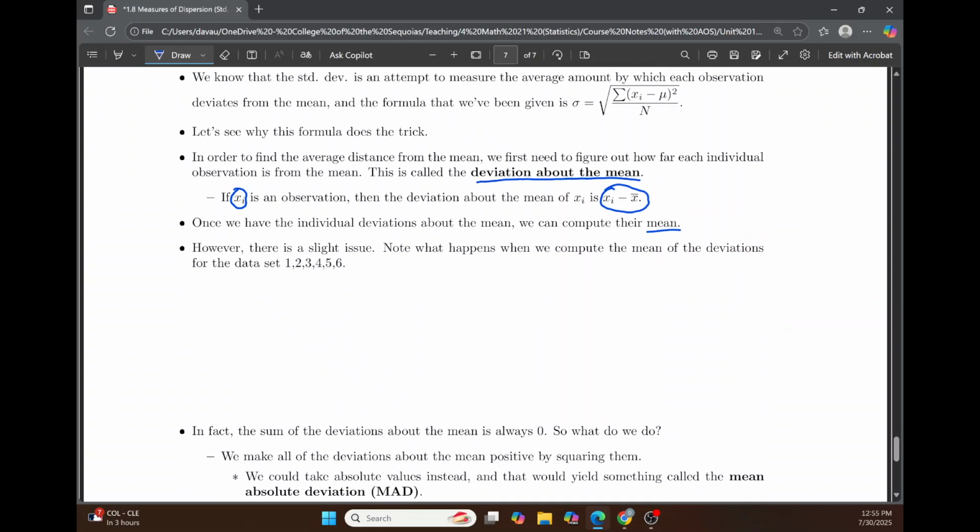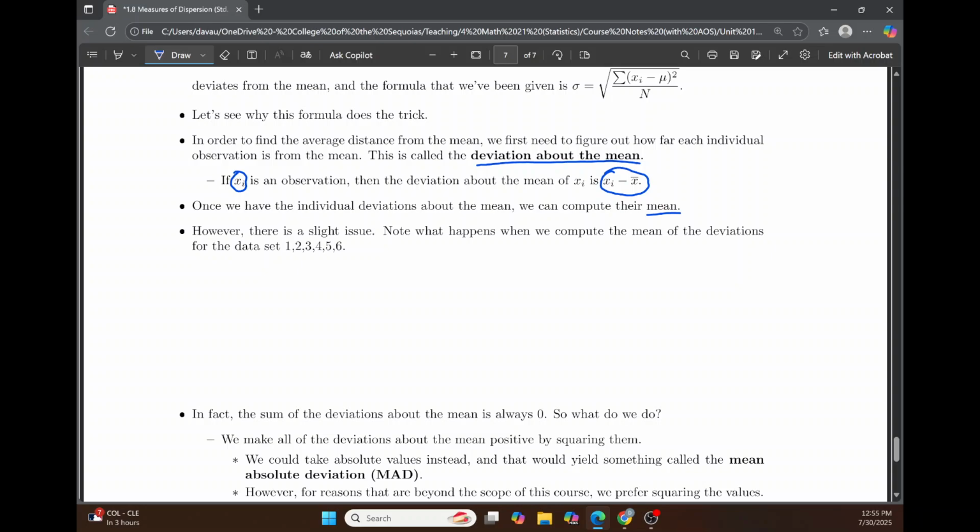Let's say that we were working with the data set 1, 2, 3, 4, 5, 6, right? Let's see what happens when we compute the mean of the deviations for this data set.